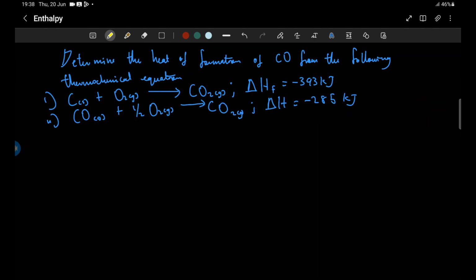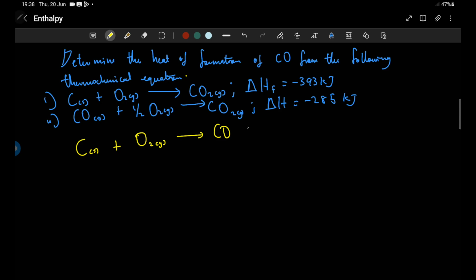We've got a question here. It says determine the heat of formation of carbon monoxide from the following thermochemical equation. You have the first one, and then you've got the second one. Now, what we need from here is carbon reacting with oxygen to give us carbon monoxide.